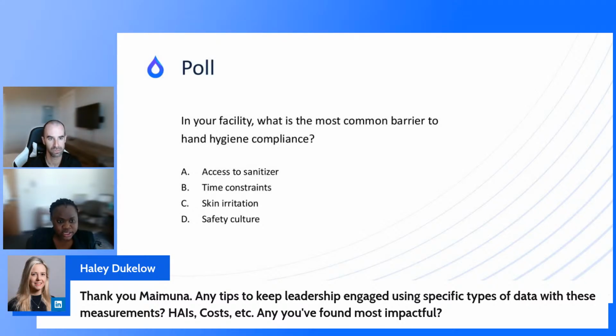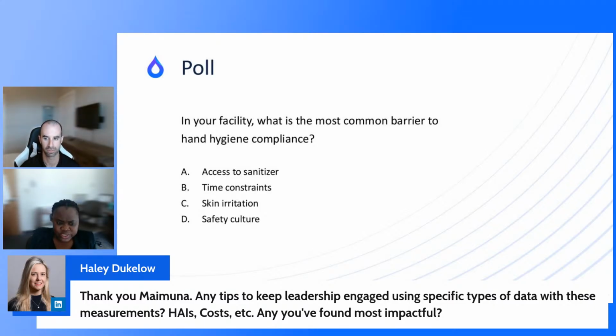And so that's where the HAI counts, HAI performance compared to whoever you're being benchmarked against may be helpful to present. And then for unit leadership, if it's a system that has some type of metrics that leaders are measured against, you can tie in how hand hygiene can help them meet those metrics.